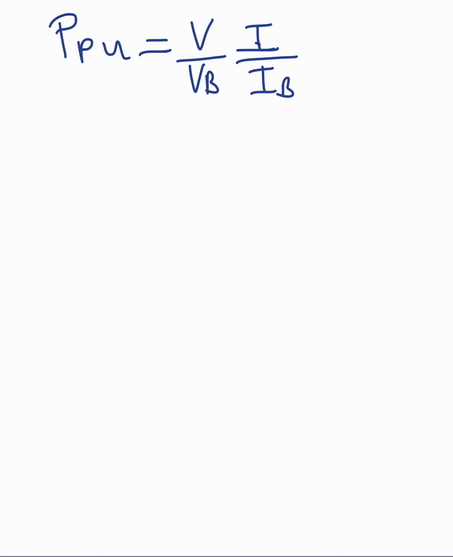Now P per unit is equal to V upon VB, I upon IB into cos phi. So V upon VB, that is actual value upon base value of voltage, we can write like this, V per unit, and I upon IB is the actual value upon base value of current, I per unit.